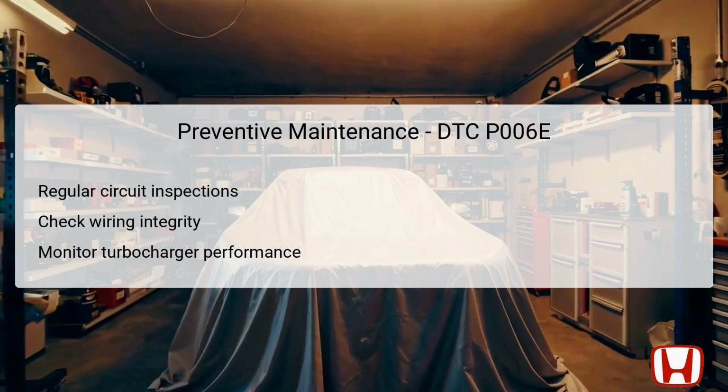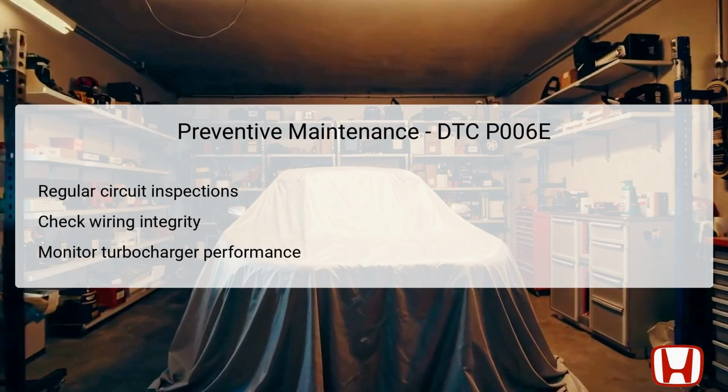To minimize the chances of encountering DTC P006E in the future, implementing a regime of preventive maintenance is crucial. Regular inspections of the power supply circuit associated with the turbocharger wastegate control actuator can help identify potential issues before they escalate.